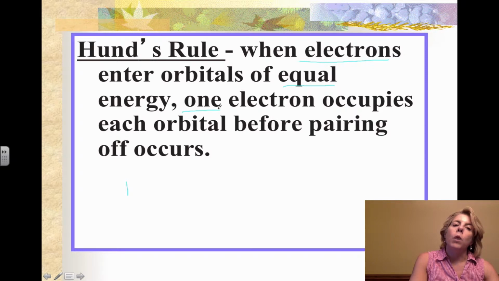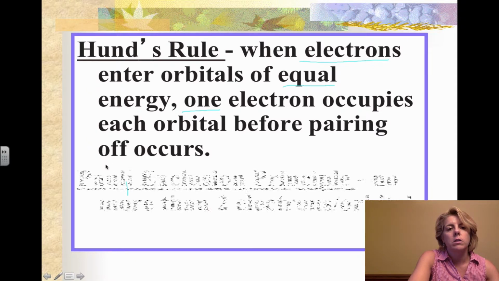You need to fill one electron per slot before you double up. So always remember that if you have more than one slot for that suborbital, you have to put one electron in each slot before you pair up. And we'll talk about that more with electron configuration.